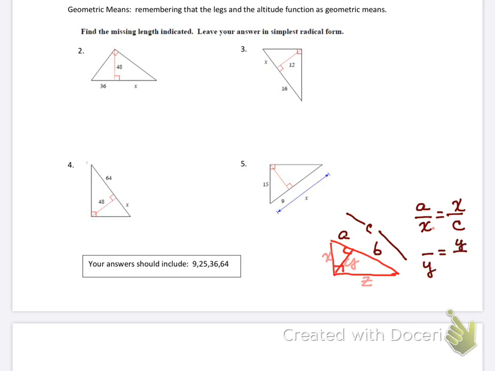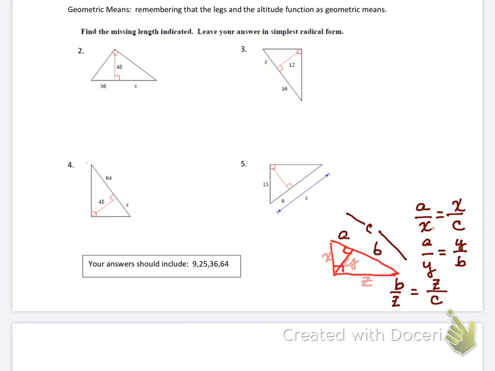It's a geometric mean between each little piece of the hypotenuse. And lastly, that third leg also functions as a geometric mean. Remember, geometric means is just another kind of average. Okay, so I put the z in the geometric mean spot, and it's a geometric mean between the side of the hypotenuse closest to it and the entire hypotenuse.